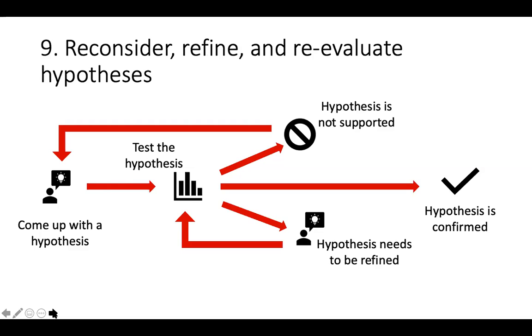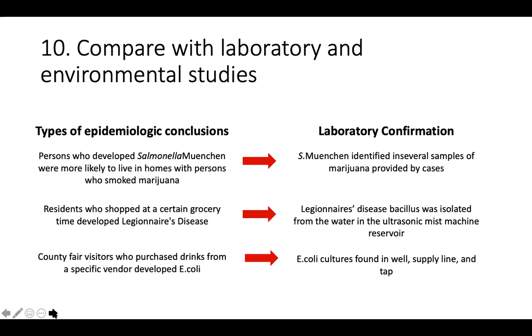So maybe we want to know what aisle people were shopping in, what time they went to the grocery store, things of that nature, to become more specific in our hypothesis so that we can really control and understand the outbreak. We then need to compare the conclusions and our confirmed hypothesis with laboratory tests.